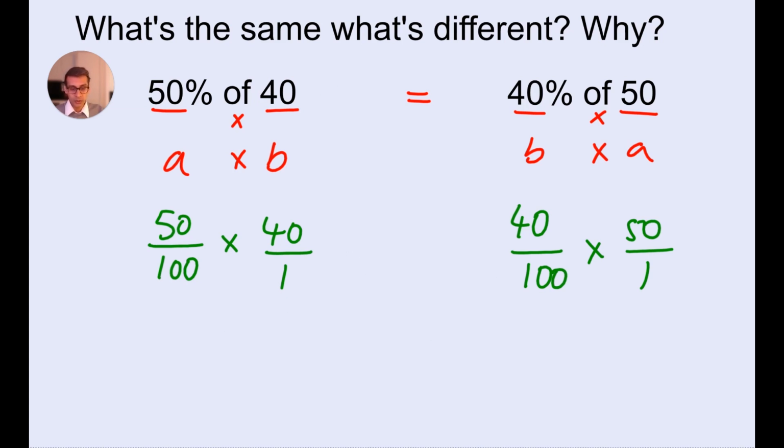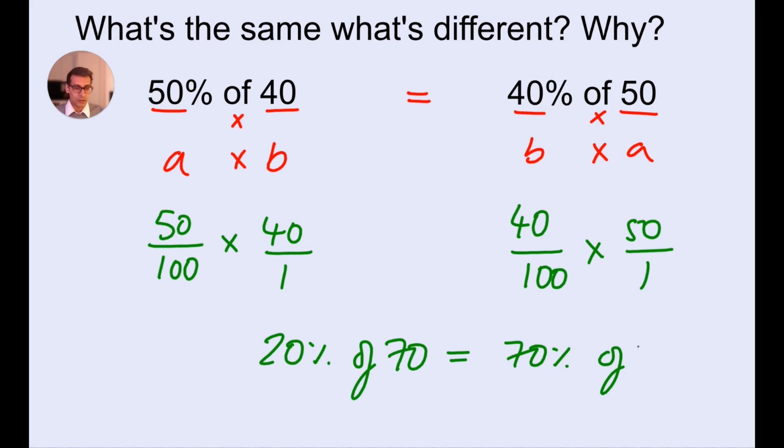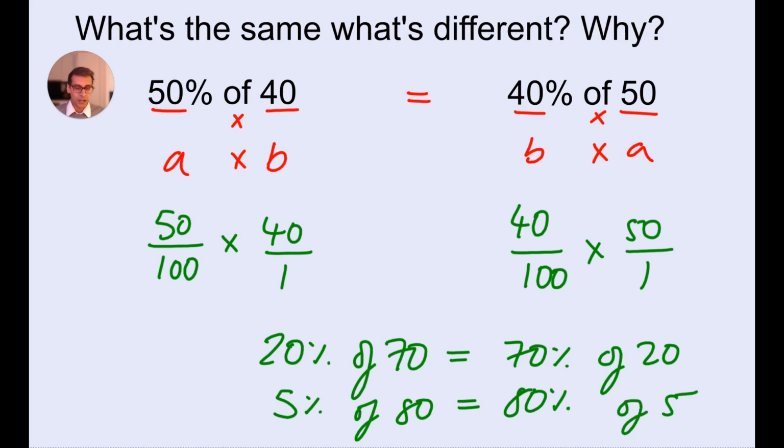So for example, picking random numbers here, 20% of 70 is equivalent to 70% of 20. 5% of 80 is equal to 80% of 5. Okay, so it's just a really interesting thing to know about this. It's just the commutative law.